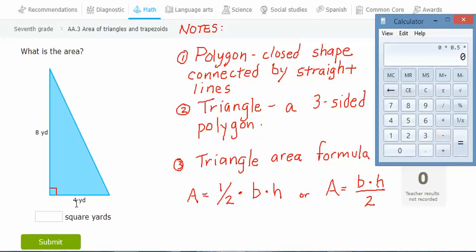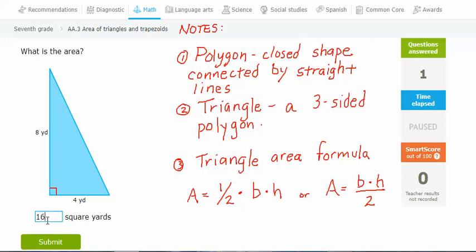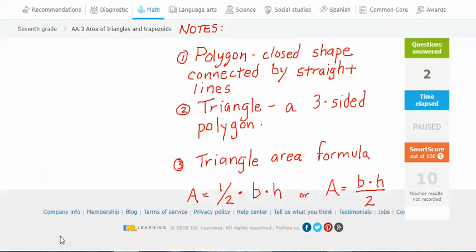The base is down here, which is 4, times 8 equals. 0.5 times 4 times 8 equals 16. Alright, submit.